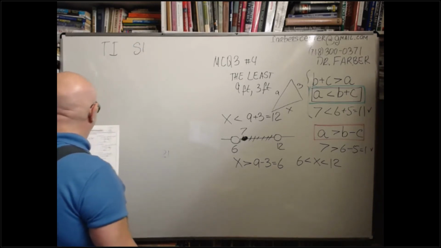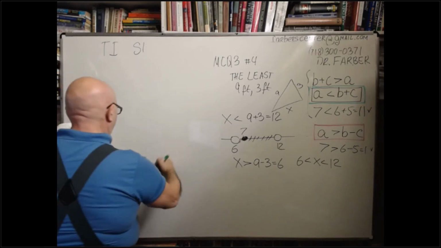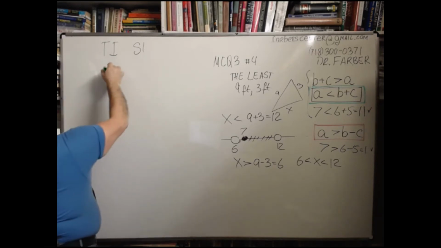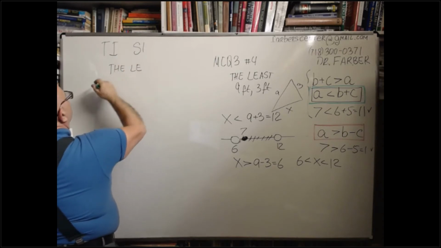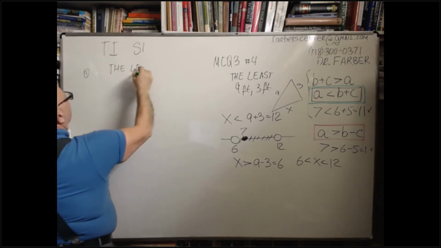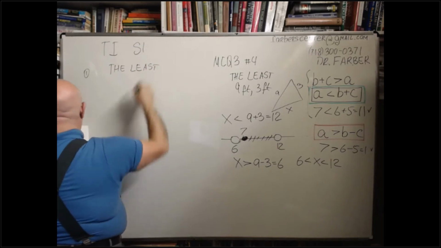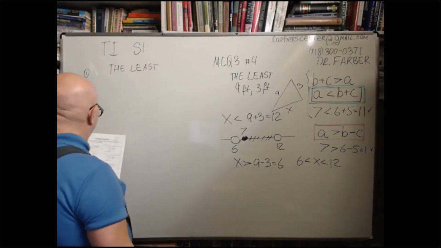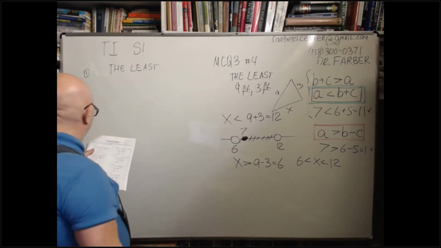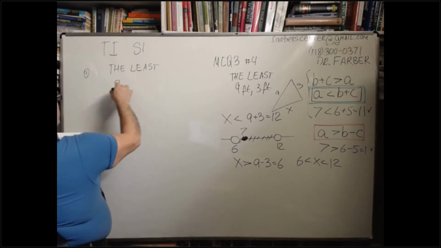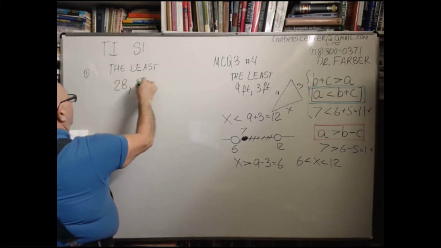For instance, they ask you for the least, but since I already explained, number 1, for instance, the least, what do we have? The sides here are 28 and 20.